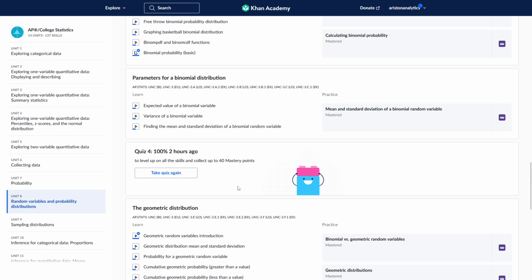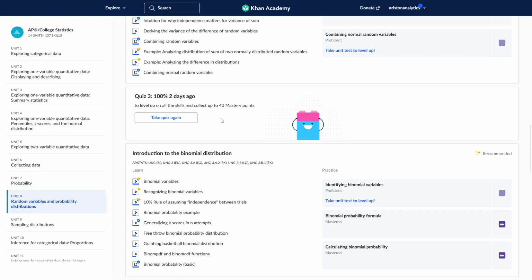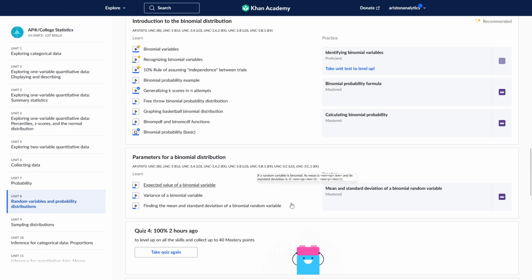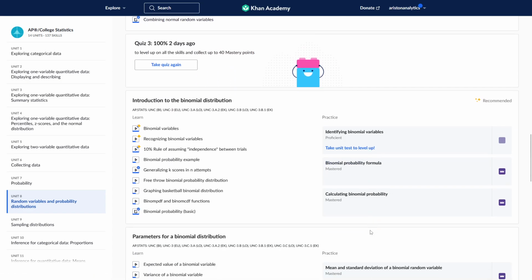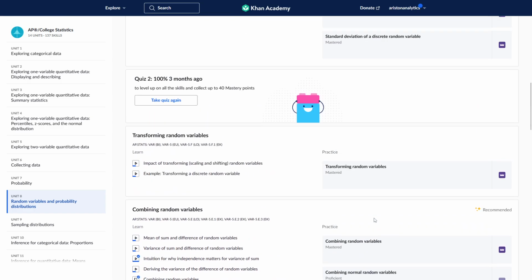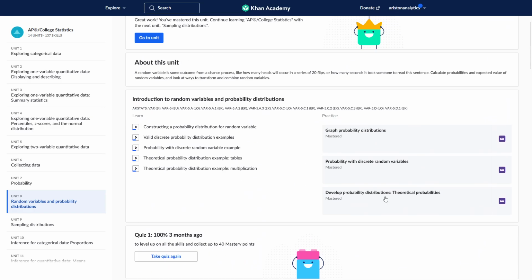The main difference between binomial and geometric random variables is that a binomial distribution will have a fixed number of trials, so the question you're trying to solve usually is what's the probability of getting a certain amount of successes?